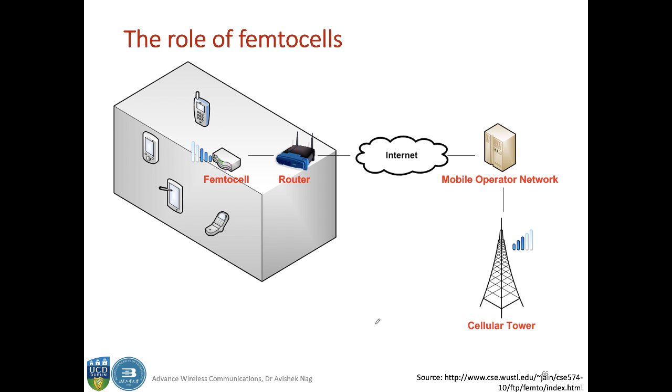So this diagram shows the role of femtocells. You can deploy these femtocells in your building as a local access point, and you have several devices that connect to this femtocell, and through this router it is getting connected to the rest of the internet, and then to the mobile operator network, and then to the cellular tower, and then this tower is serving some other mobile phones or some other devices.